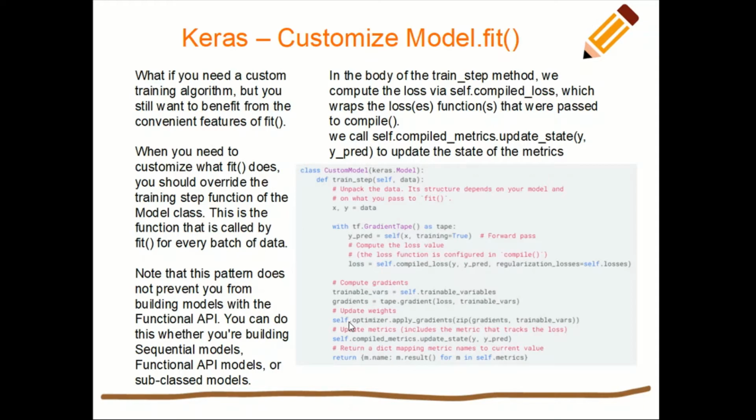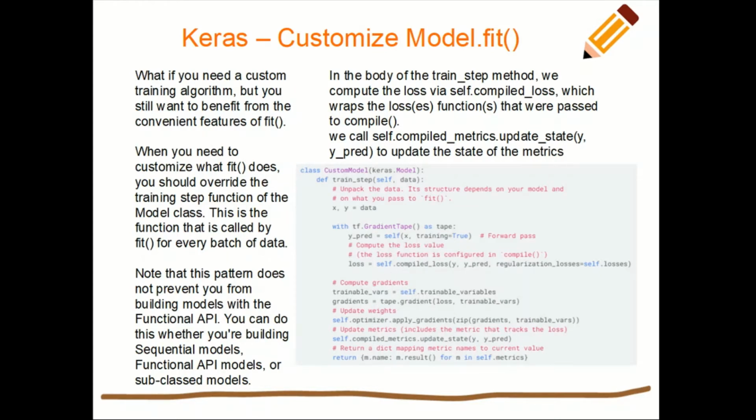We can use the optimizer, self.optimizer.apply_gradients, and we can also access the trainable variables using self.trainable_variables. We can even use self.compiled_metrics, because they're all part of the model. That's a good thing. We can reuse whatever is already there in the model, so that's a big convenience for us.